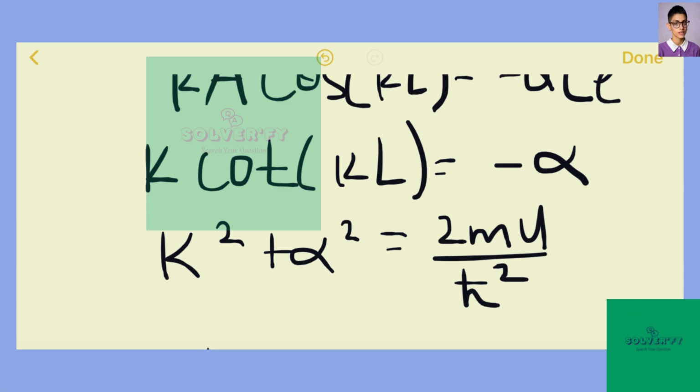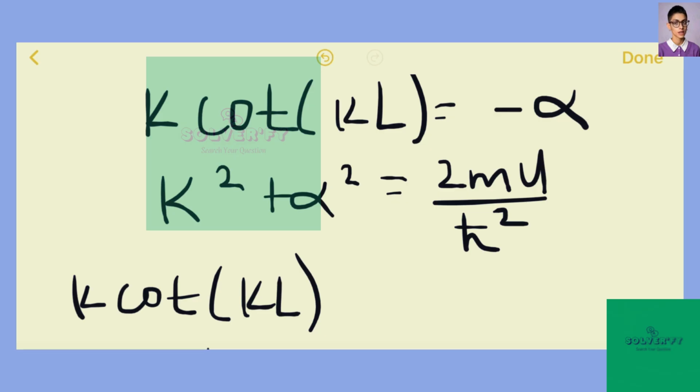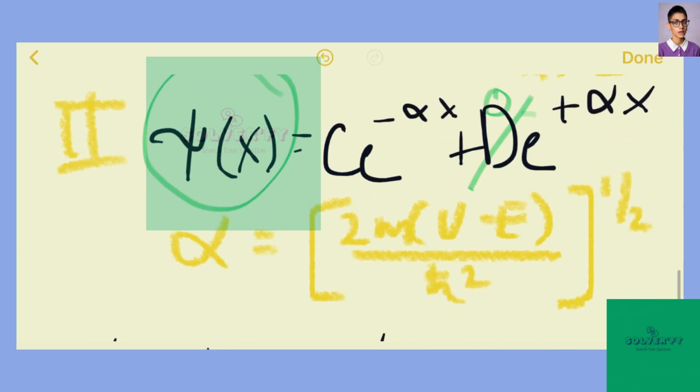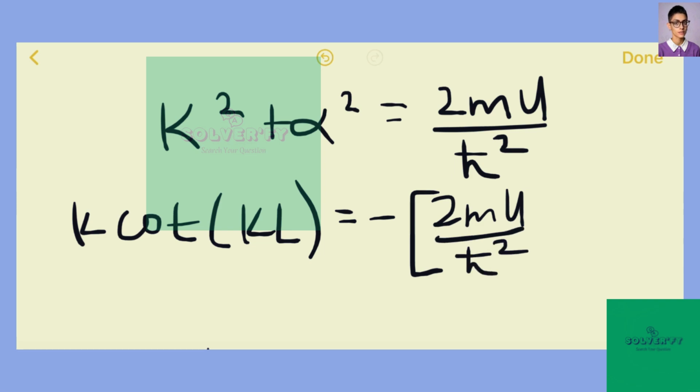Okay, so let's write this again. Now we have k cotangent of kL is equal to, plugging in the value of alpha from above, negative 2mU over h bar squared minus k squared all to the 1/2 power.